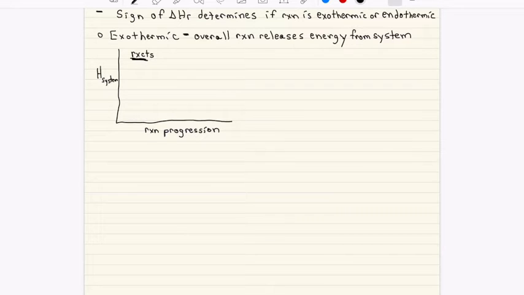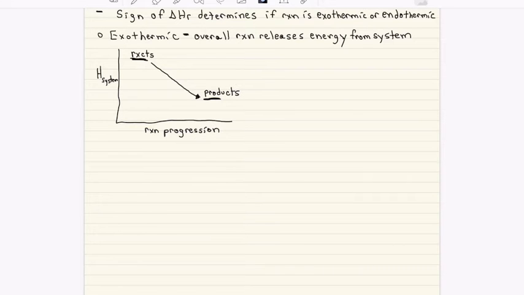And let's say they're at some sort of enthalpy value. If our reaction is exothermic, what that means is that as the reaction proceeds and we start forming products, those products are going to have a lower enthalpy value than the reactants.